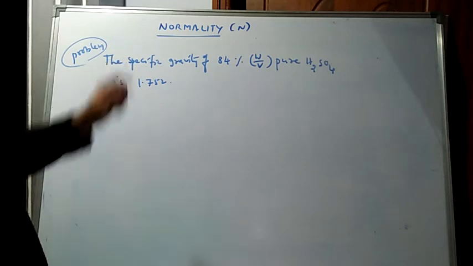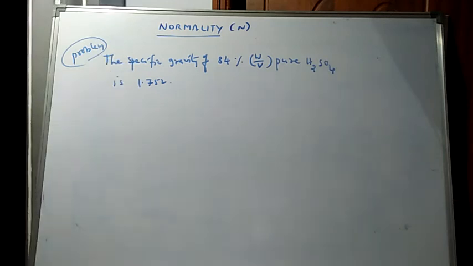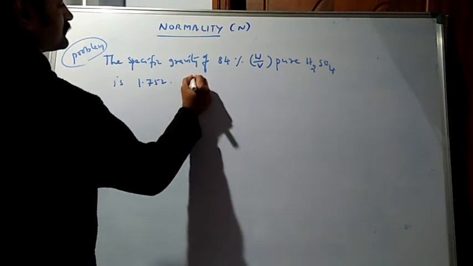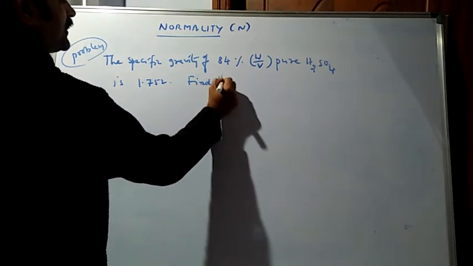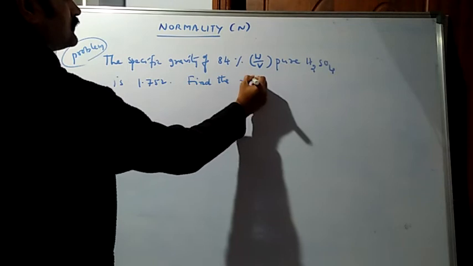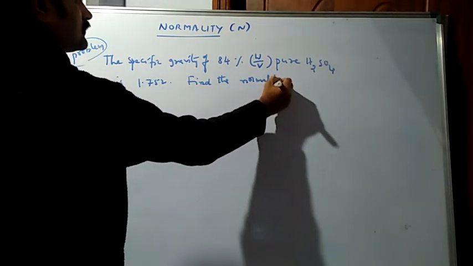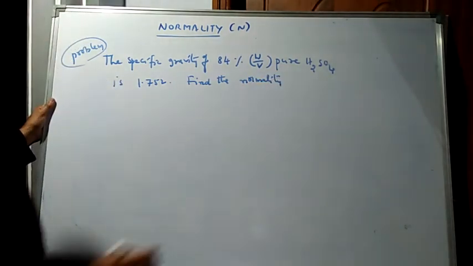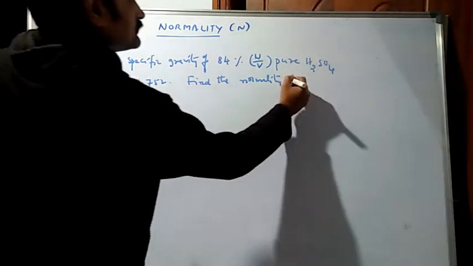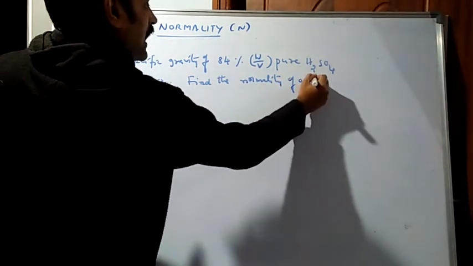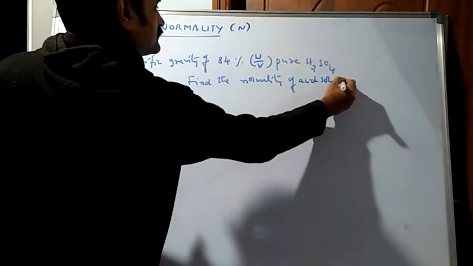So they have given the specific gravity, the density. They are asking us to find the normality of the acid solution.